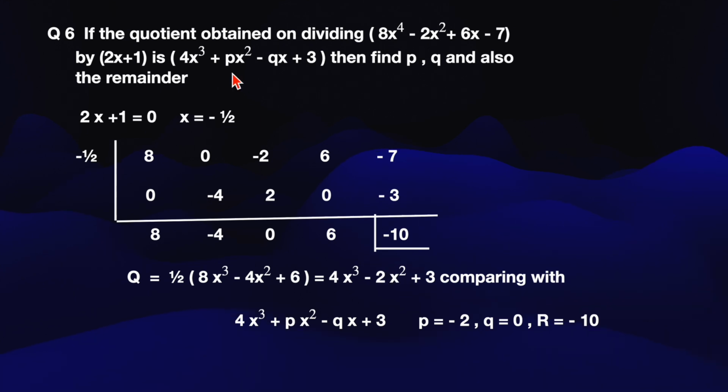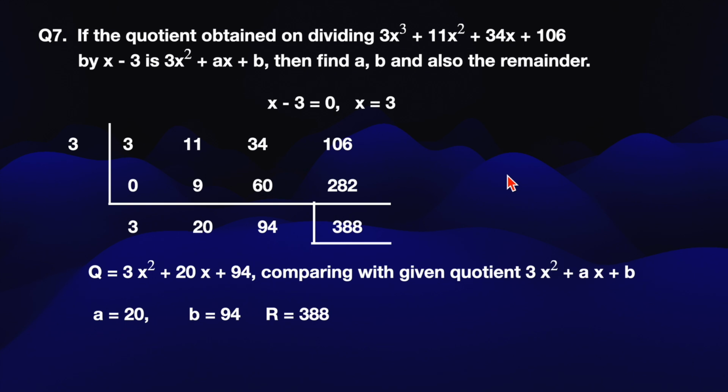See here, the coefficient of x square is p, so p is minus 2, coefficient of x is q, and here the coefficient of x is 0, so q is 0. Remainder is r, that is minus 10.